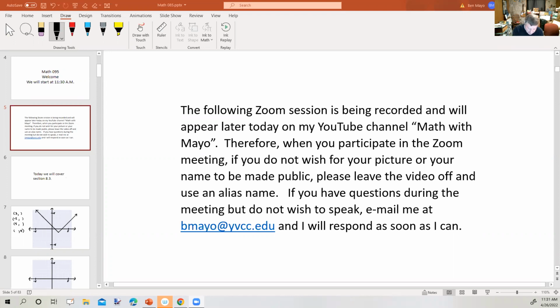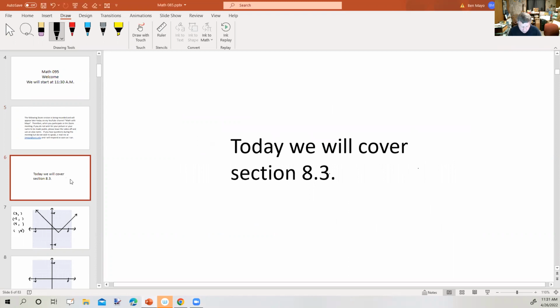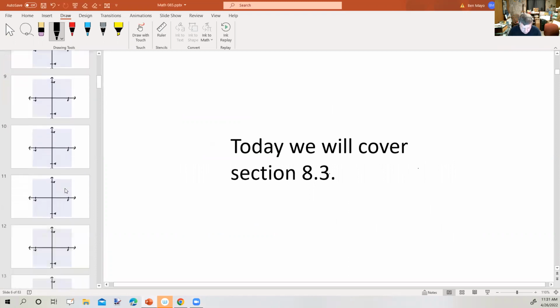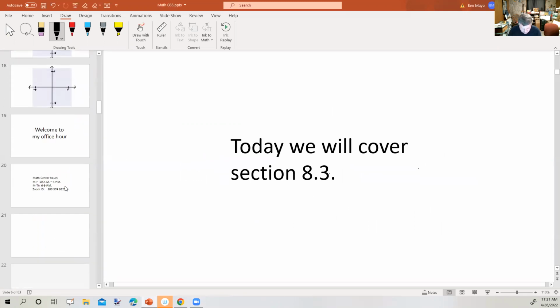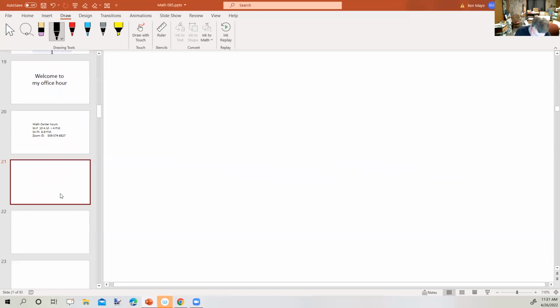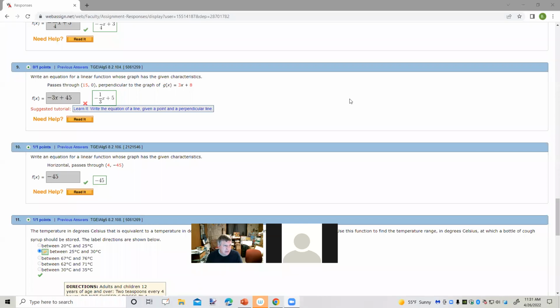All right, so today, eventually we're going to go on to section 8.3, but first we have a question from section 8.2, part 2, number 9. Let's take a look at it on the screen. Write an equation for a linear function whose graph has the given characteristics.